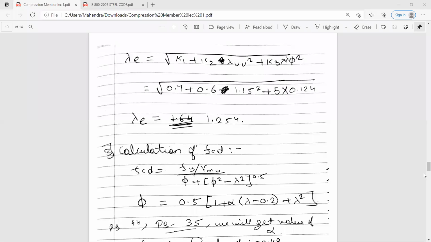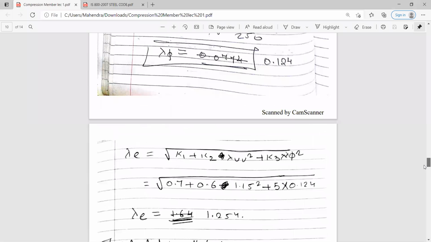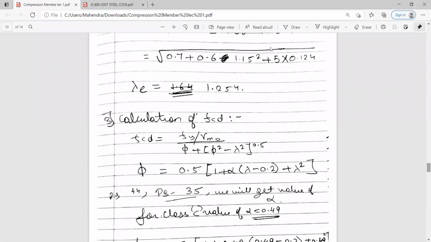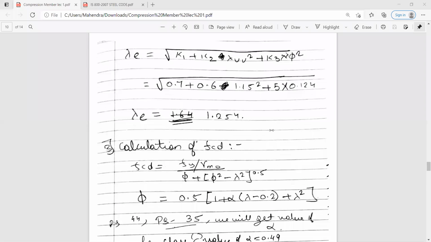Lambda phi just now you had calculated, na lambda phi. Lambda phi you had got that is 0.124. After calculating lambda I, let me know so that we can proceed further.